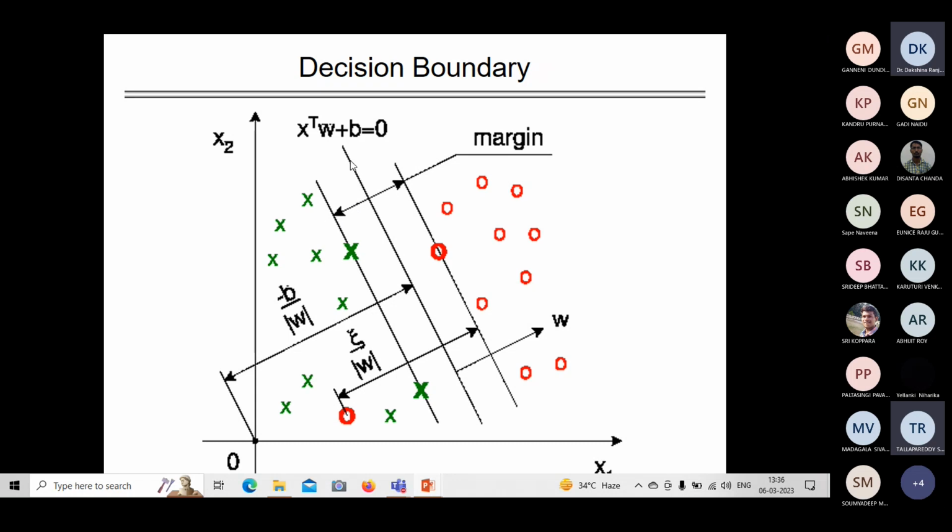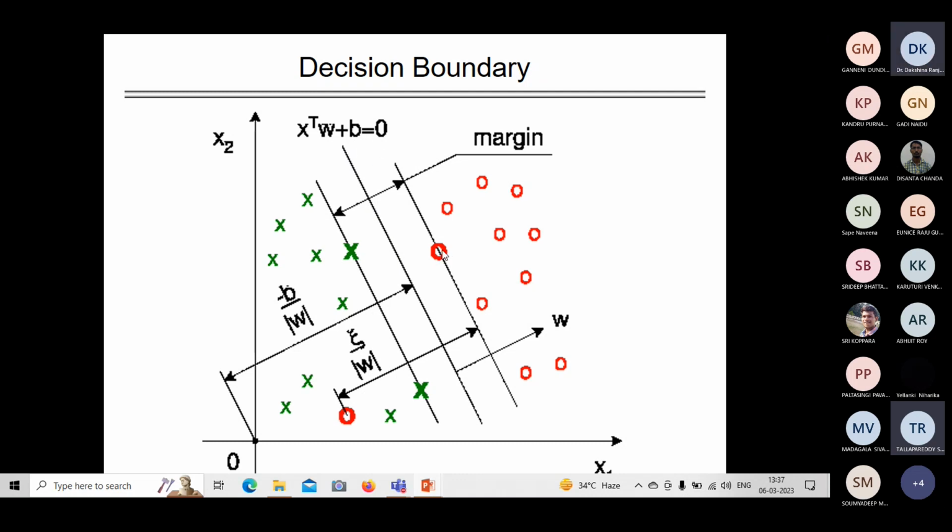Somewhere in the middle of this margin we will get the optimal hyperplane, and this optimal hyperplane will be found parallel to both class boundaries. That means changing the support vectors will affect the orientation as well as the location of this optimal hyperplane.